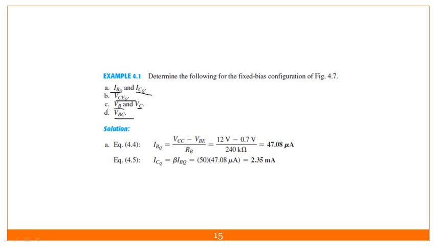These are whatever the capital letters. Suppose I am writing VCE. This is the double subscript notation. It is nothing but the drop across VC and VE, that is VC minus VE.